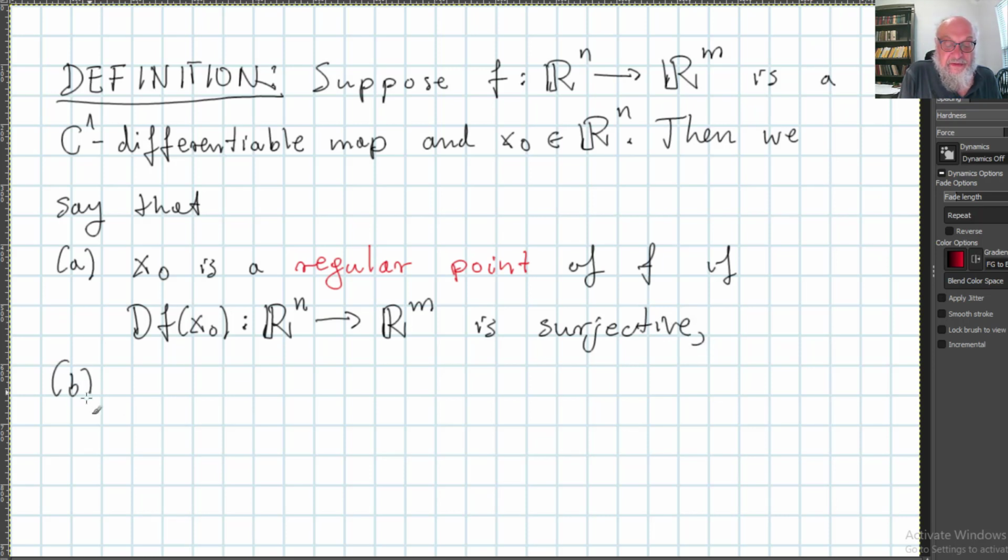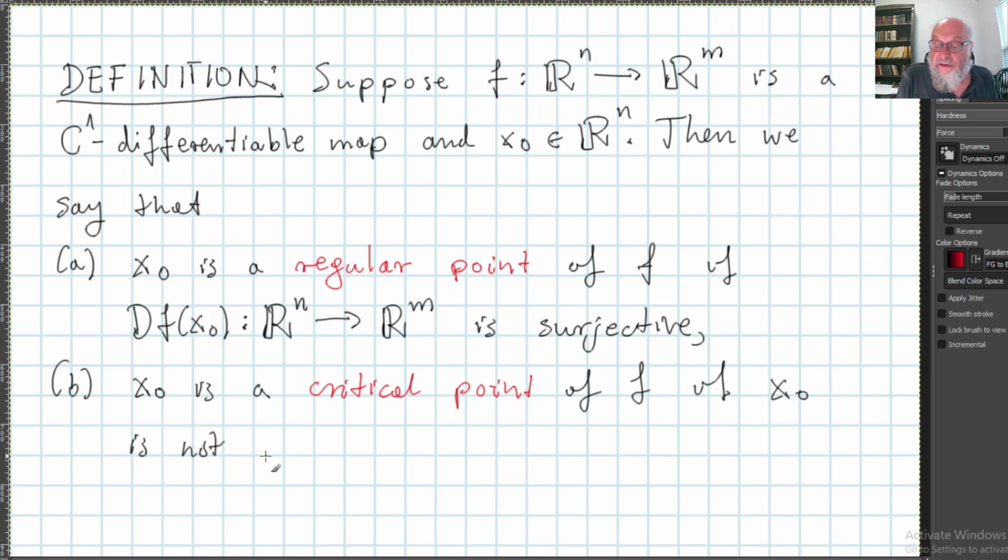And (b) x naught is a critical point of f if x naught is not a regular point.